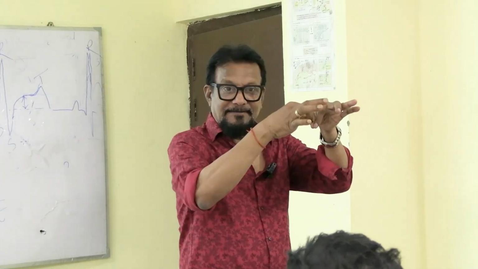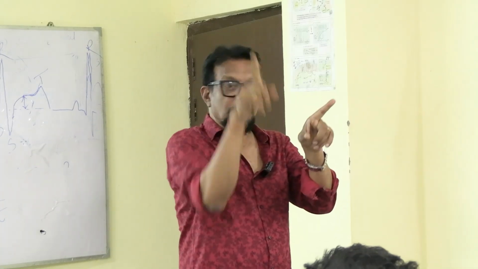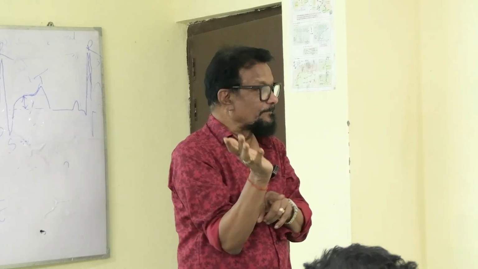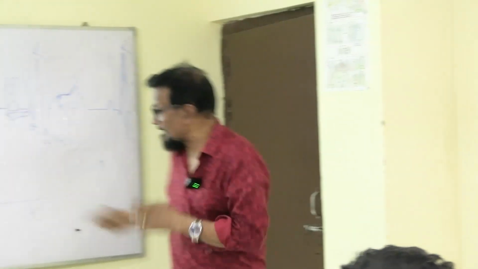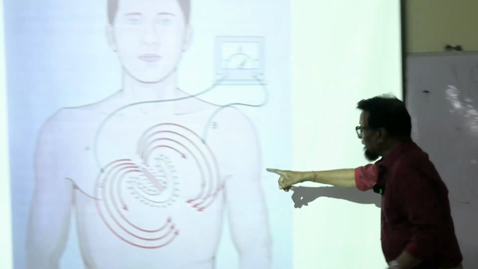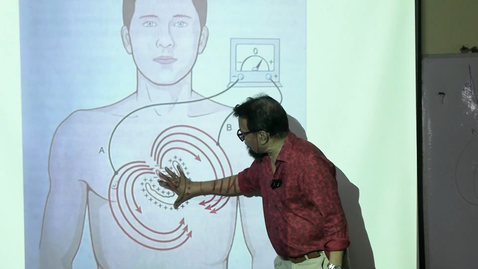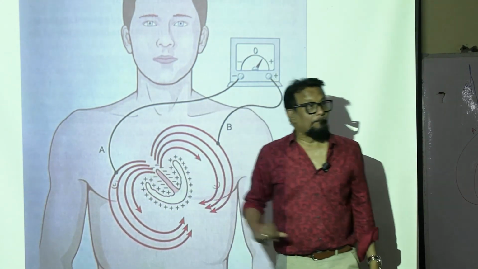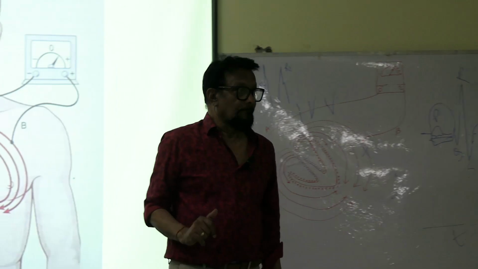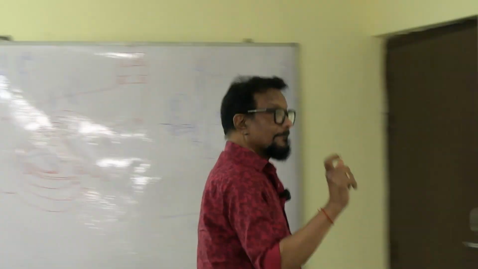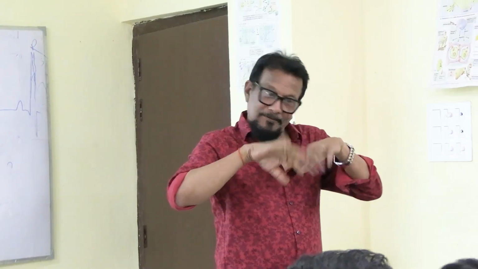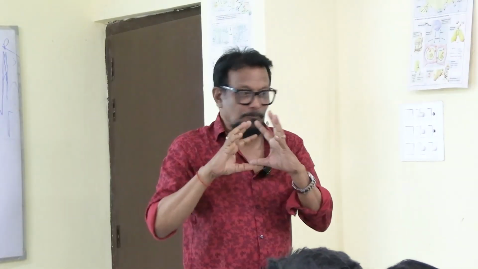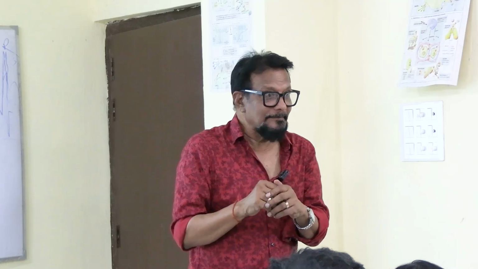If I connect it with a wire in a galvanometer, I will get a deflection. So it has created a bipole, two polarities. One end is positive charge, another is negative charge. Since it is there, there will be flow of current. Waves will be there around the heart.